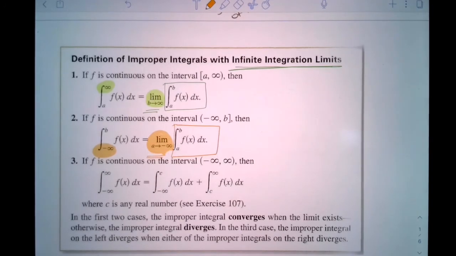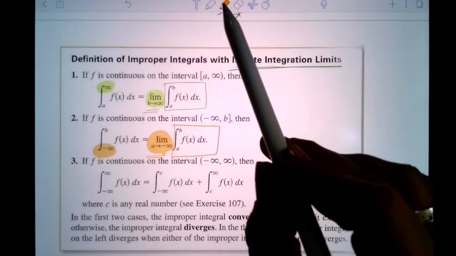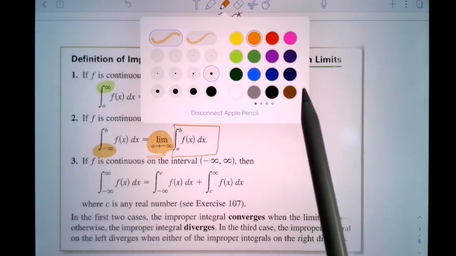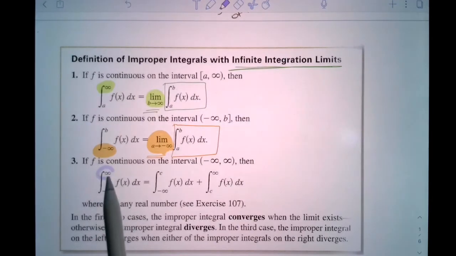Your third bullet here is one that looks incredibly treacherous because it's doubly improper. That's an actual term that is used here. You see your limits of integration are both problems. You're talking about the area under some function f from negative infinity to infinity.